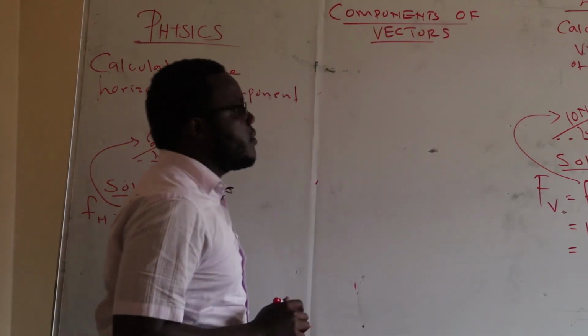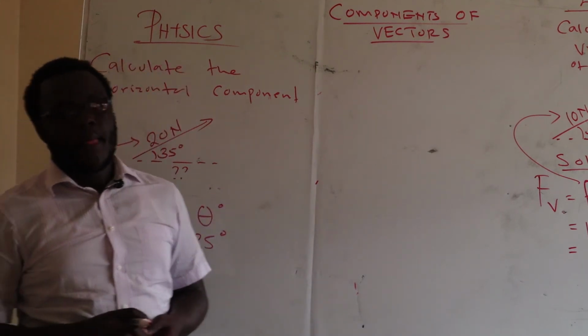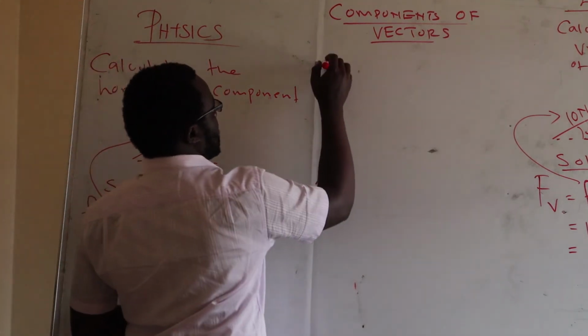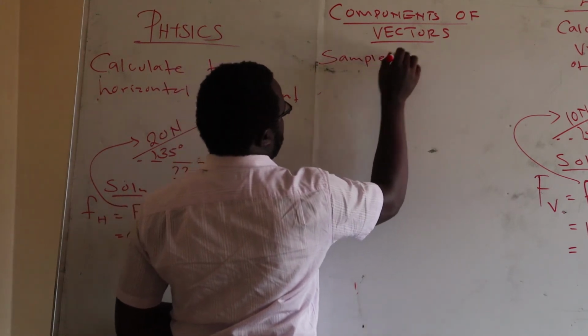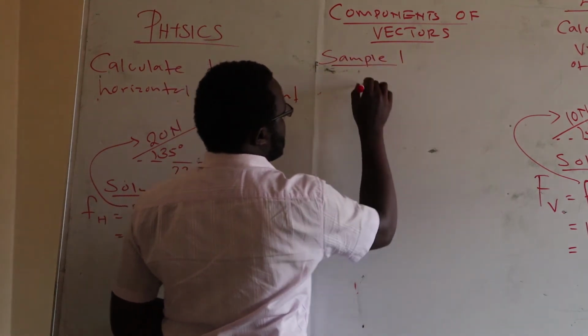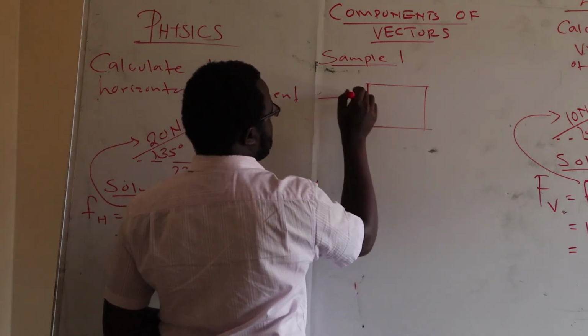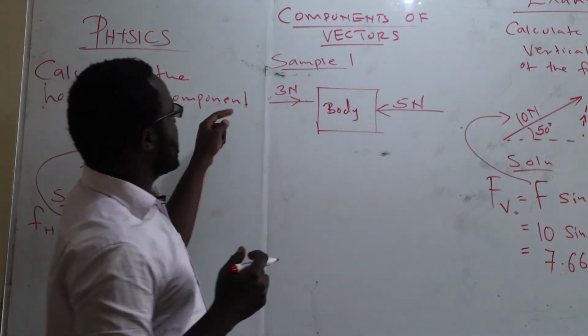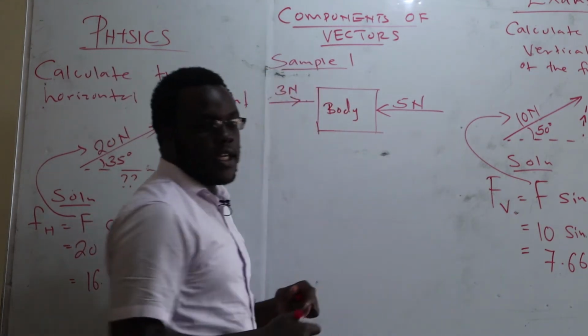We want to consider what happens when two forces, remember a force is a vector, are pushing on the same object. Sample 1. This is a body that is at the center of two forces. We have 3 newtons pushing it to the right and 5 newtons pushing it to the left.